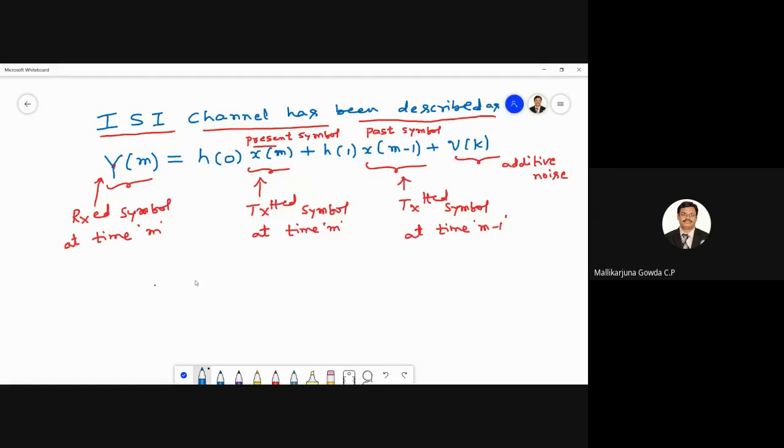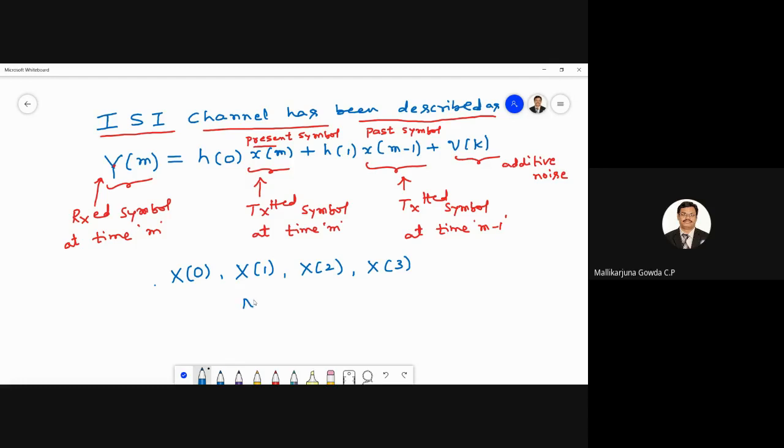So let me write x of 0, x of 1, then x of 2, then x of 3. So I wanted to transmit these 4 symbols with 4 subcarriers.